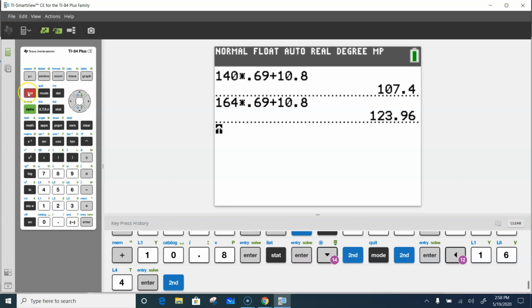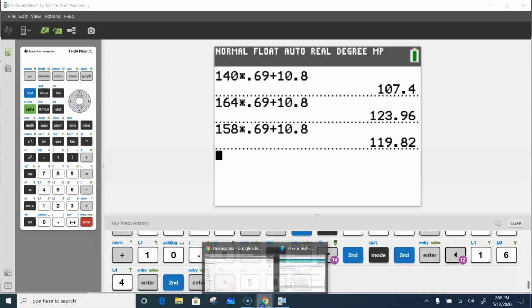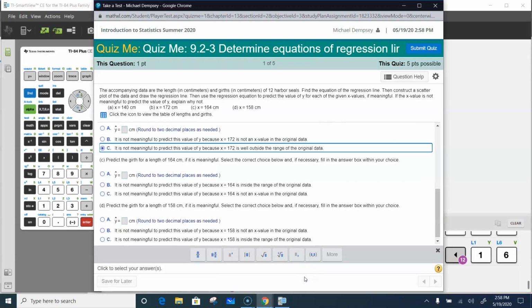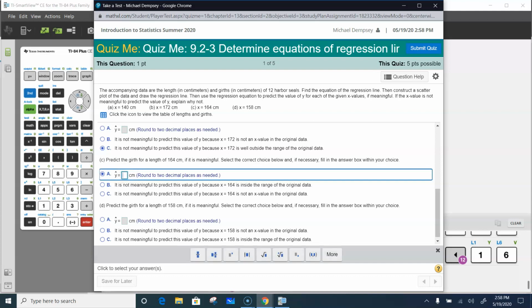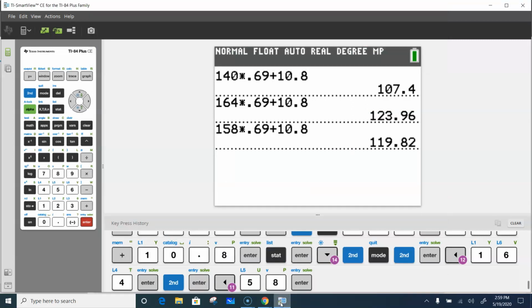And then I'm going to go back and change it to a 158. So I get 123.96. Let's see how many decimal places they want. 2. And 119.82.